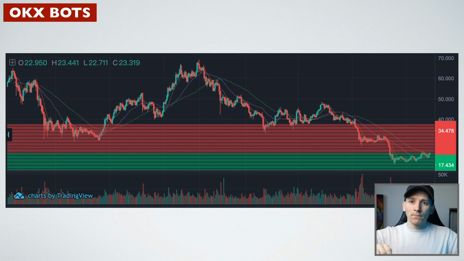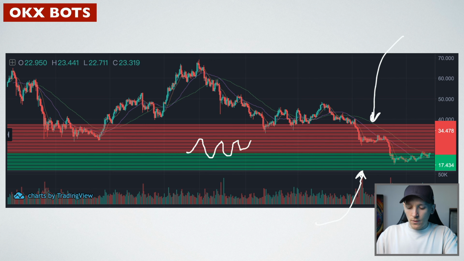A grid bot trades in between an upper and lower bound for us, and it does it automatically, something that we couldn't personally do. So with a grid bot, what we're doing is telling the system there is an upper bound price and a lower bound price that you trade between, and it trades small intervals buying and selling between these two prices. So it doesn't just trade once at each interval and then forget it.